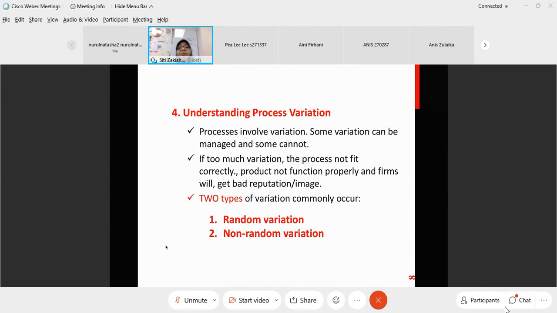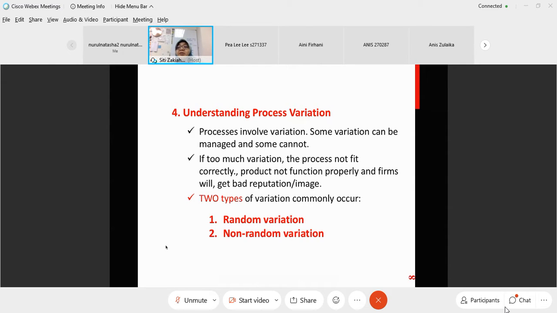Okay? If too much variation, the process will not fit correctly. Kalau macam jahit baju, sikit-sikit tu still okay lah. Tapi kalau variasi dia besar sangat, sampai 2-3 inci, that means it will not fit perfectly. Product not function properly and firms will get bad reputation or image.